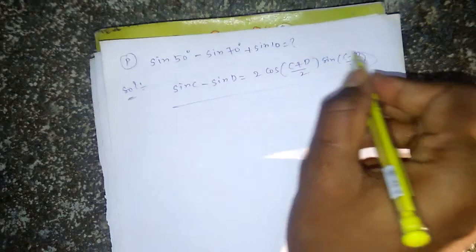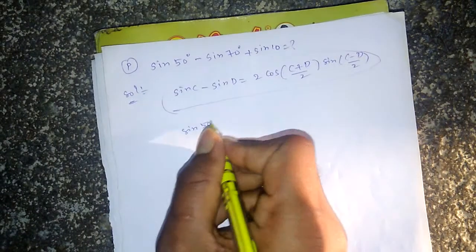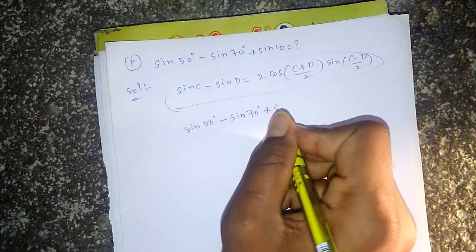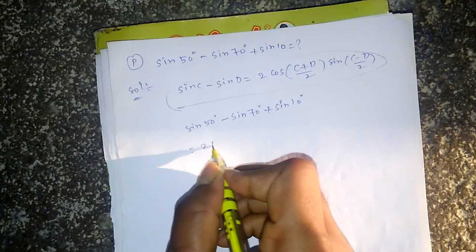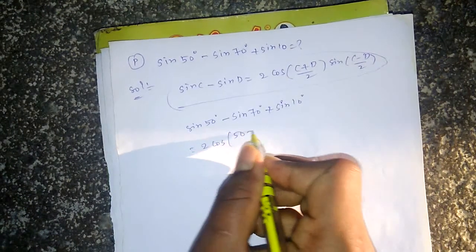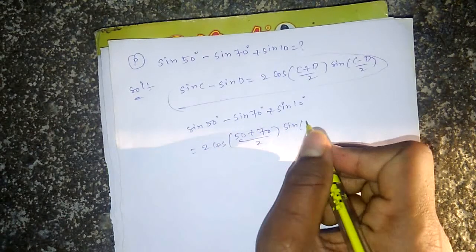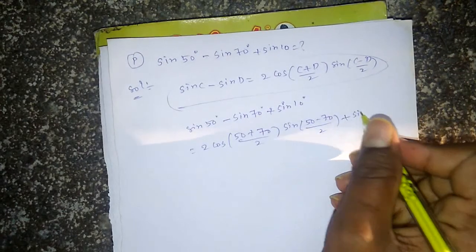This is the formula. Here substitute the values. So apply the formula for the first two terms. You will get 2 cos of 50 plus 70 by 2 sin of 50 minus 70 by 2 plus sin 10.